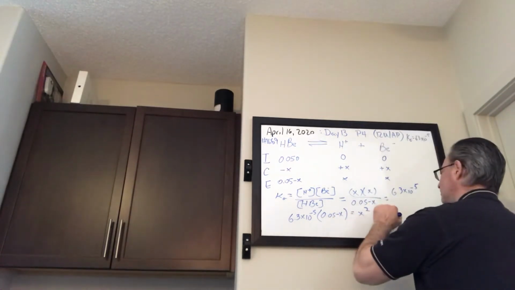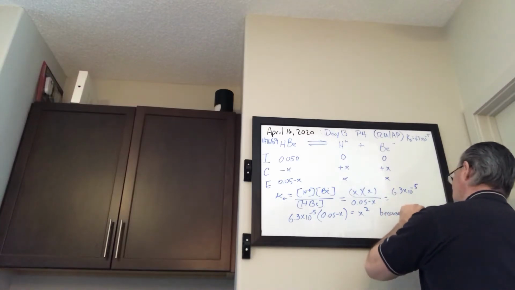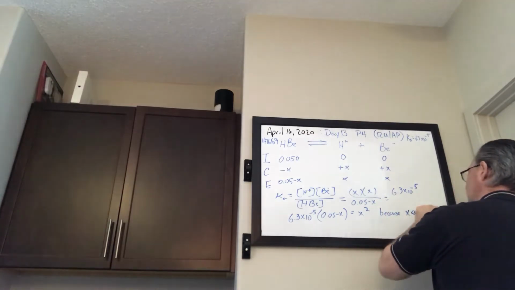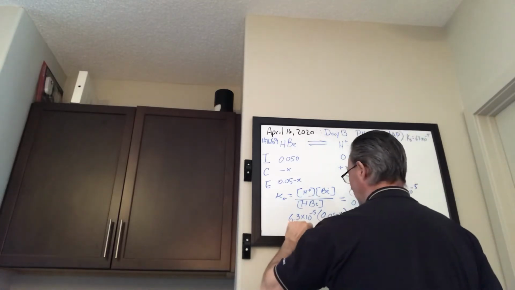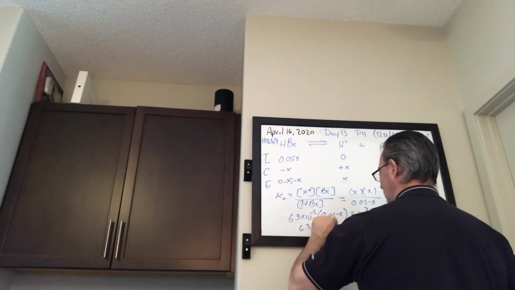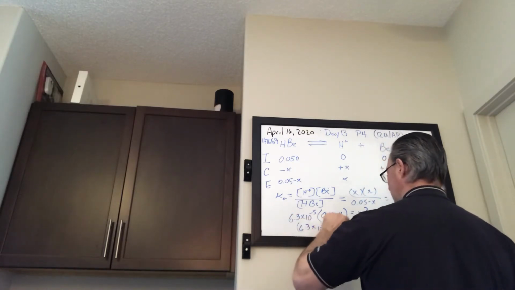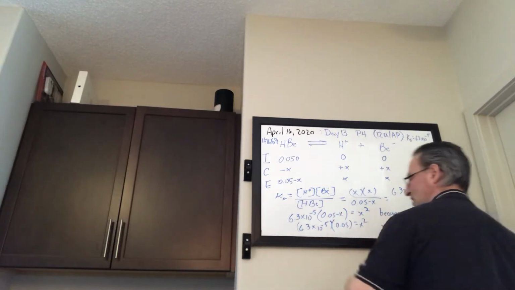Because X is way less than 0.05, we could probably approximate this down to 0.05. So what you end up getting is 6.3 times 10 to the minus 5 times 0.05 equals X squared.